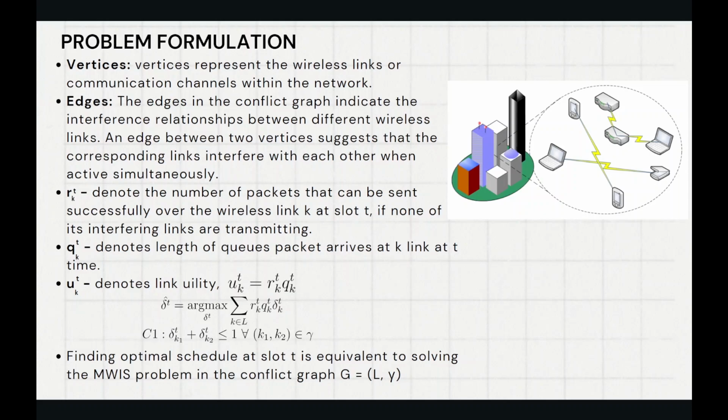Therefore, we choose R_k^t to be any value between 0 and the max transmission rate allowed by the link. We also define a variable Q_k^t which denotes the length of the queue at the kth link. Finally, we define the utility of a vertex U_k^t, which is the product of R_k^t and Q_k^t. Our main aim is to maximize the delta hat t.